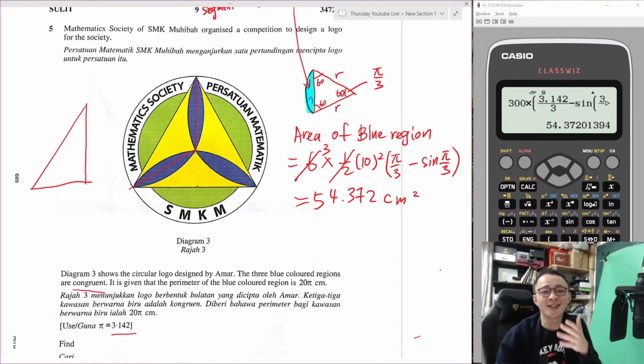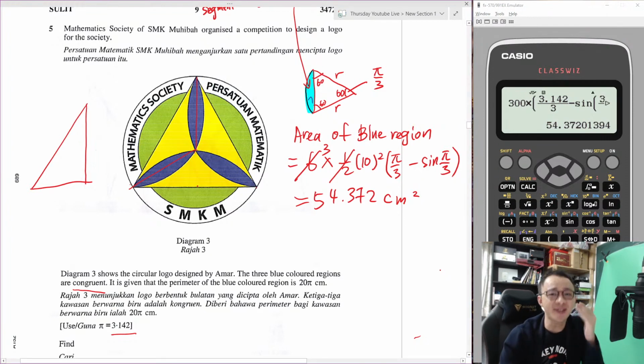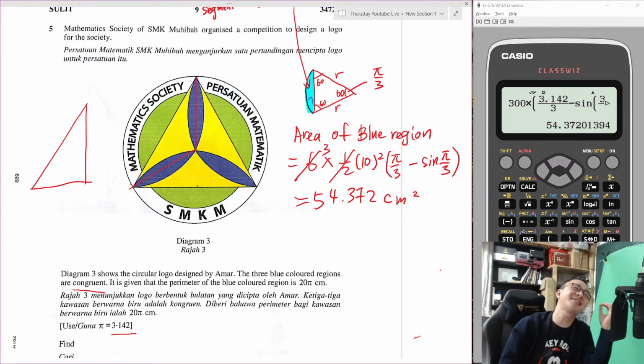Yes, we can use the radian in sine. A lot of students will wonder whether they should type sine 60 or sine pi over 3. Both will give you the same result. If you type sine 60, your calculator must be in degree.